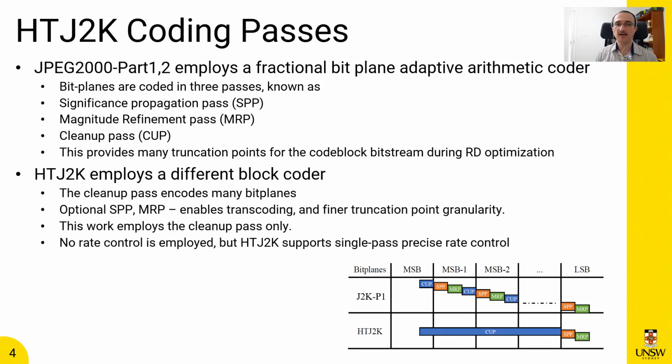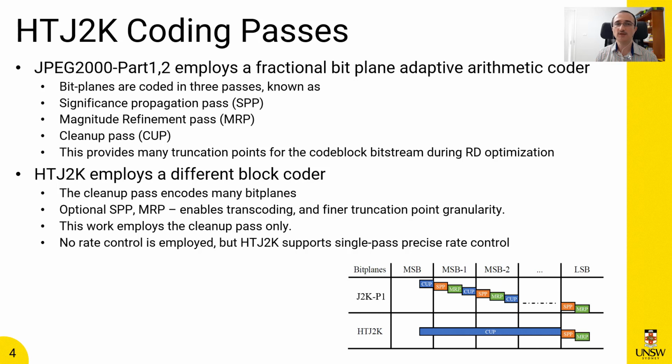The cleanup pass in high-throughput JPEG 2000 is different in that multiple bitplanes are coded at once, as shown in the figure. A high-throughput JPEG 2000 entropy coder can also produce SPP and MRP. This enables transcoding to and from conventional JPEG 2000 and provides finer granularity for bitstream truncation.